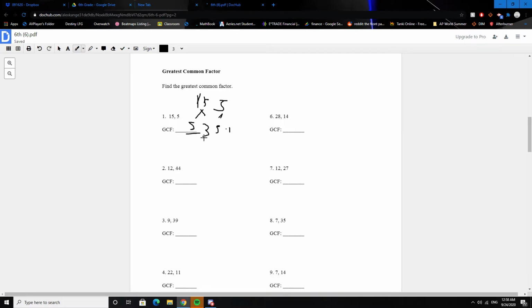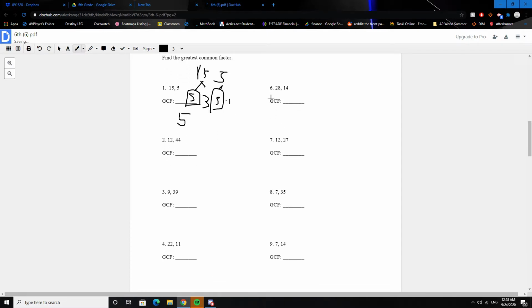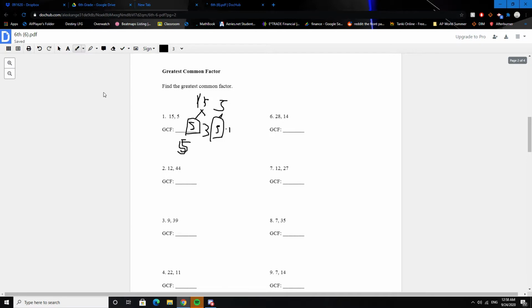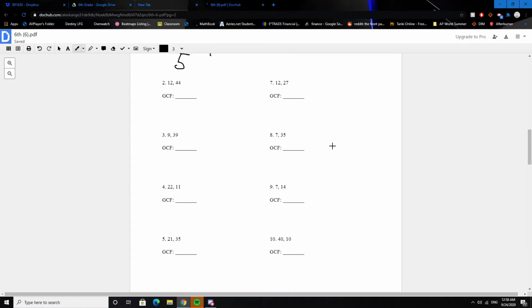So the answer is 5. It's the same for all of these, honestly. It might take you a bit of time, but if you just factor everything out and look at the same number, you should be good.